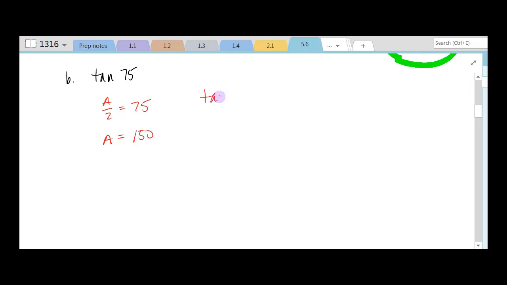So I have three choices for the half angle identity on tangent. I'm going to choose one of the two that does not contain the radical, just because if I can avoid those, I typically do.